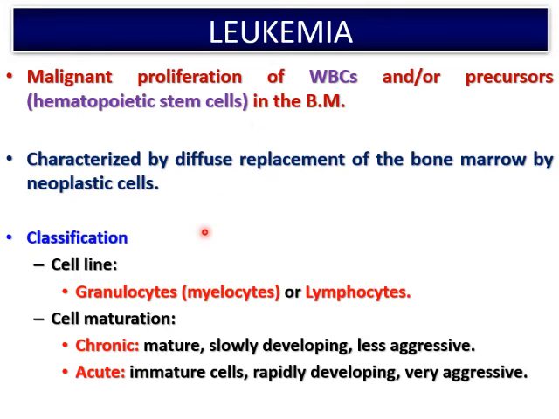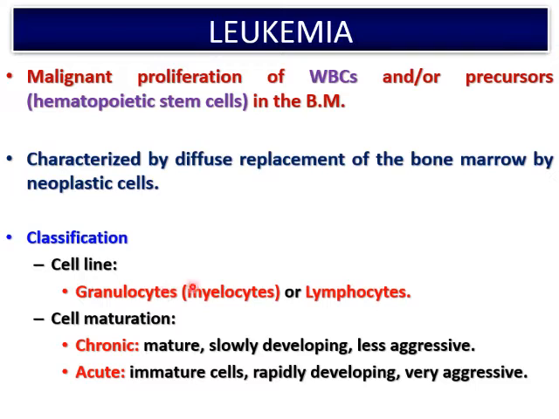If the leukemia arises from a granulocyte cell like eosinophil, neutrophil, basophil, or monocyte, we call this type myelocytic or granulocytic leukemia. But if the leukemia arises from a lymphocyte like B or T lymphocyte, we call this type lymphocytic leukemia.